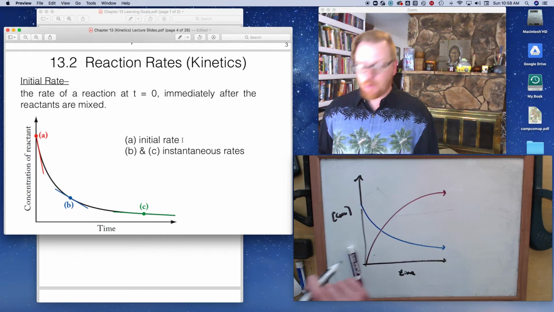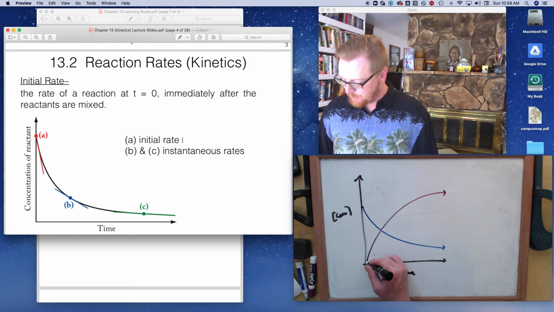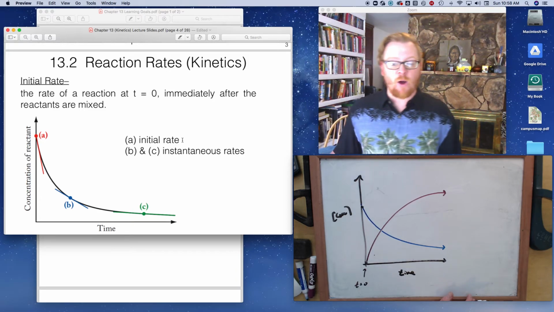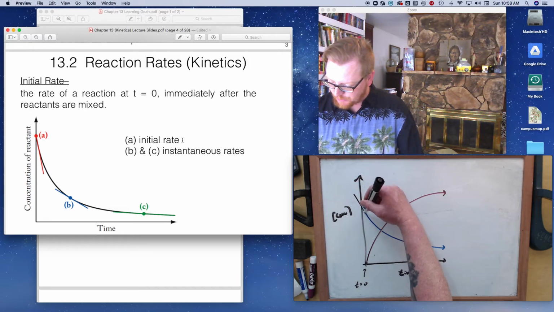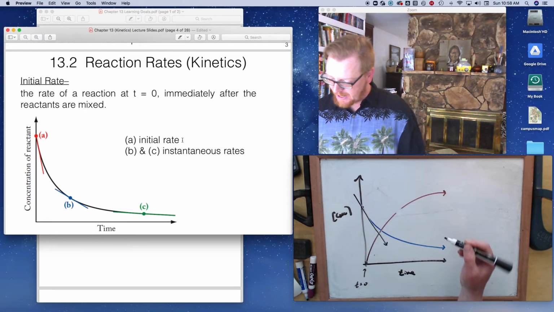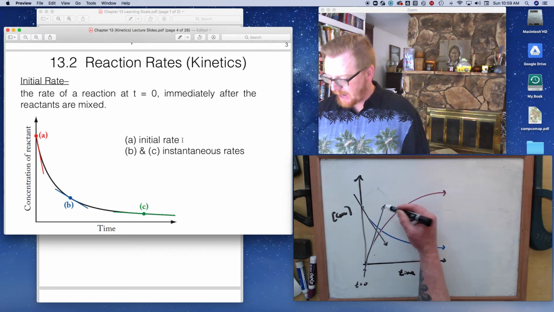And so now the initial rate would be, if I look at this very first data point at, of course, time equals 0, then I would have an initial instantaneous rate here, and I would have an initial instantaneous rate here.